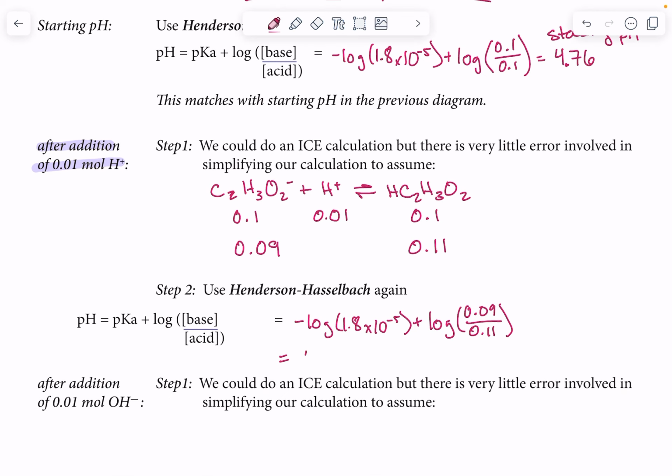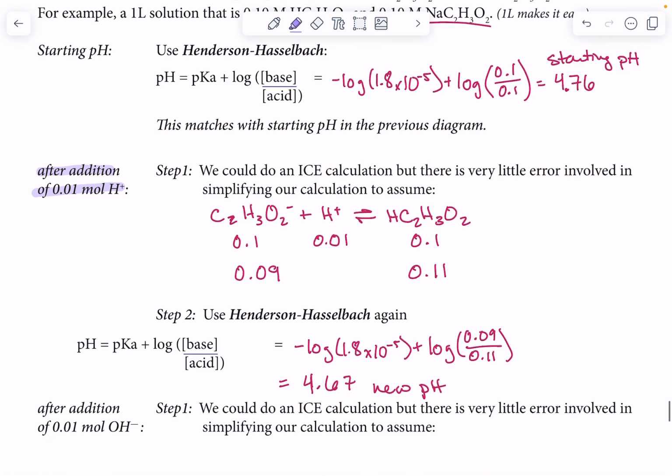Plug that in, and we get 4.67 as our new pH. So if we look at where we started up here at 4.76, and we're ending down here at 4.67, not a huge change. For all intents and purposes, that pH has stayed essentially the same.